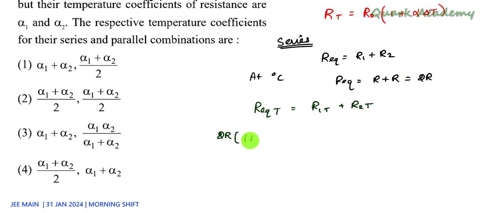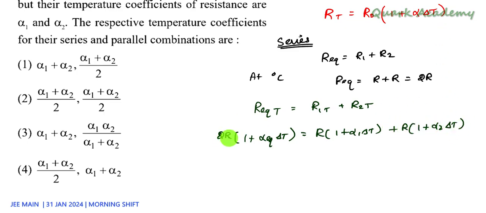So 2R into 1 plus alpha equivalent into delta T equals R into 1 plus alpha 1 delta T plus R into 1 plus alpha 2 delta T. So the R can be cancelled on both sides.